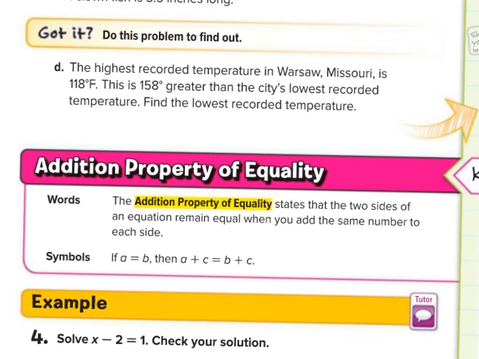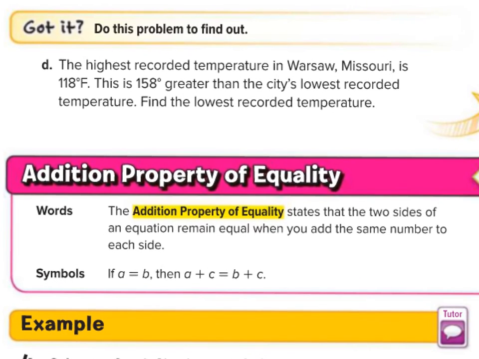Let's try the same for D. We'll read it together, and then I want you to pause and try it on your own. The highest recorded temperature in Warsaw, Missouri is 118 Fahrenheit. This is 158 greater than the city's lowest recorded temperature. So it's a big range.